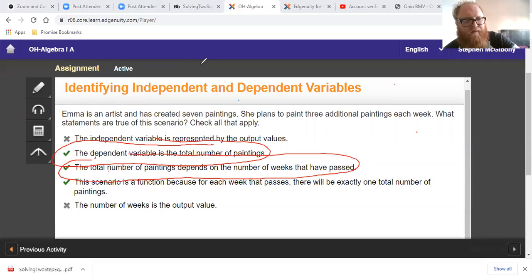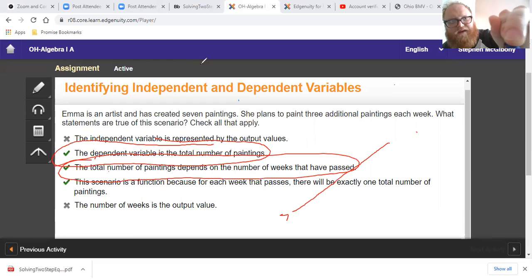And this is a scenario for a function because there will be exactly 1 total number of paintings for every week. So if we looked at a graph, it'd start at 7 and go up 3 each week. So it's going to pass the vertical line test, and that is going to be a function. It's only going to hit 1 point each time.